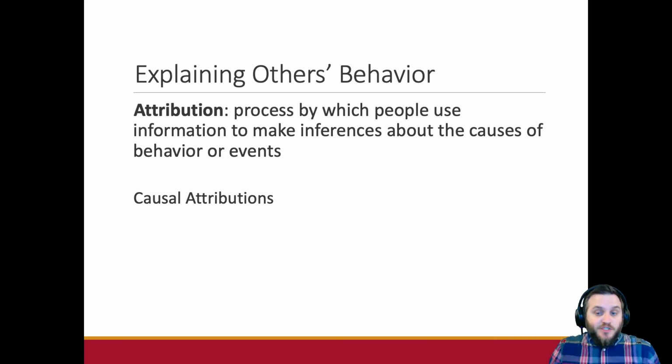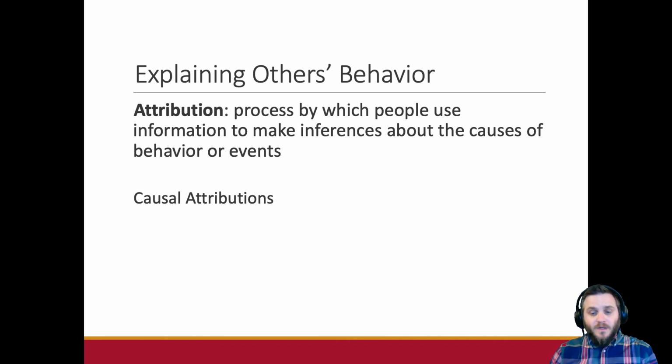Attributions also help determine our feelings. So our emotions at any given time, our attitudes, so how we think and feel about certain things, positive or negative, and our behaviors. Our attributions are going to dictate how we then behave in relation to the attribution that we just made about another person.